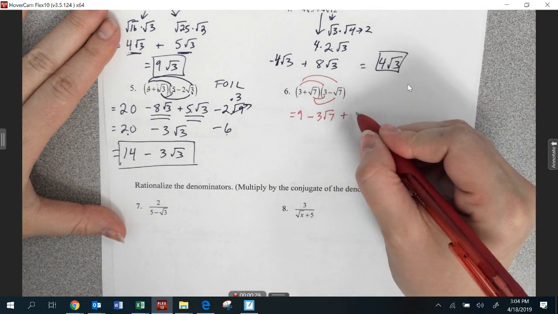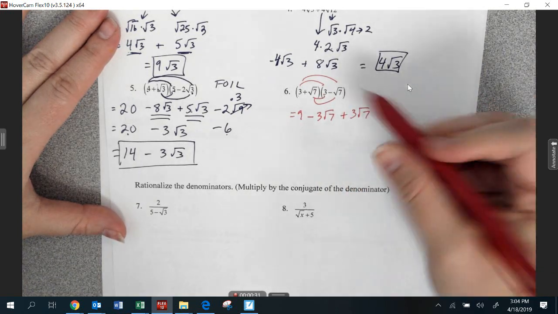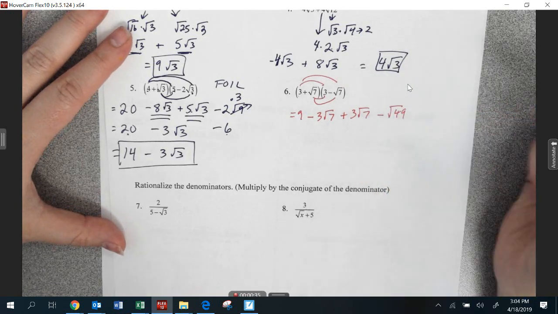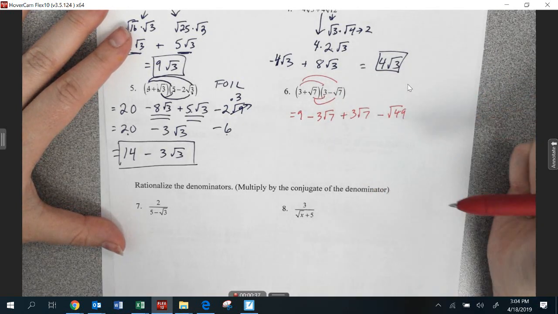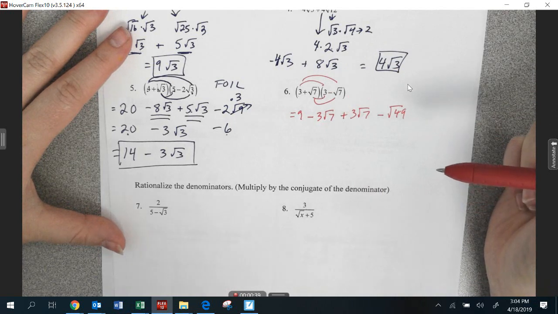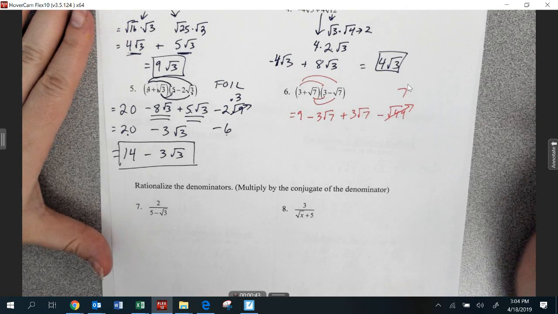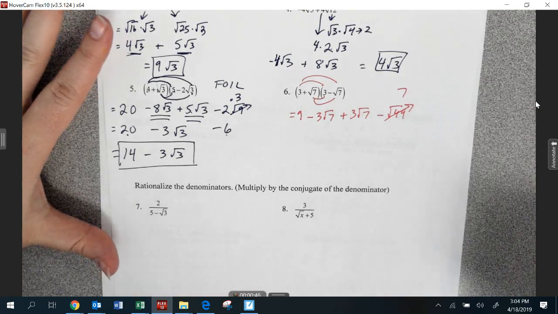My inside terms would be plus 3 radical 7. And my last terms would be negative square root of 49 from being able to multiply the 7 with the 7 since both are under a radical, which can then simplify down to just whole number 7.